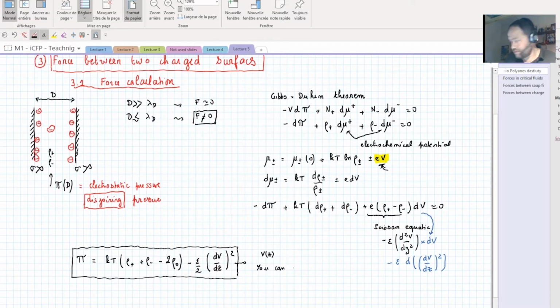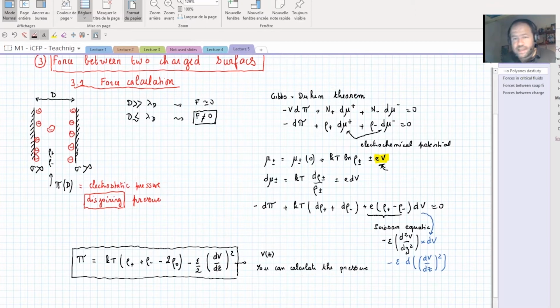You can write it in the chat or not. There are some people with the microphone open. I don't care if you have something to say, but it makes some noise for the others. So you can calculate the pressure everywhere. Sorry, I come back to my calculation.